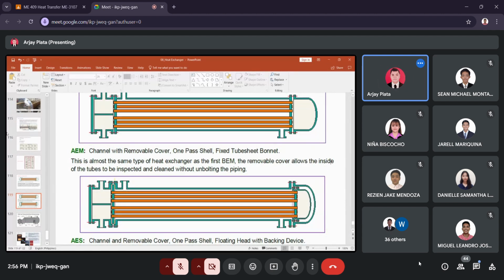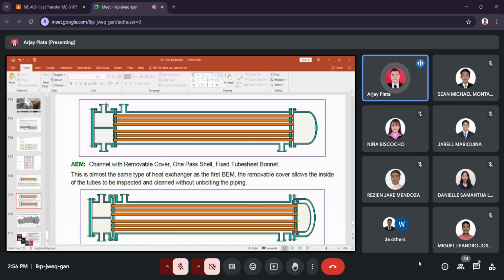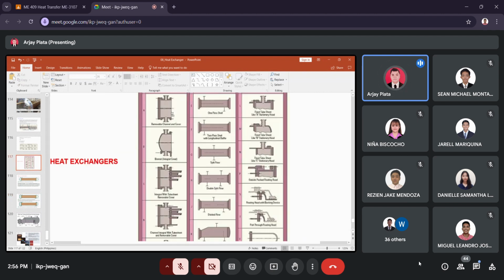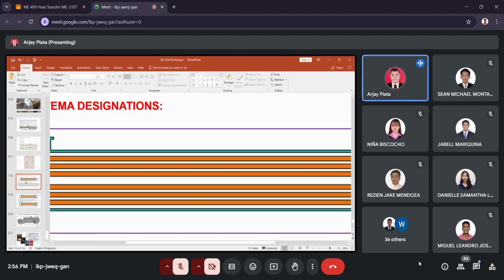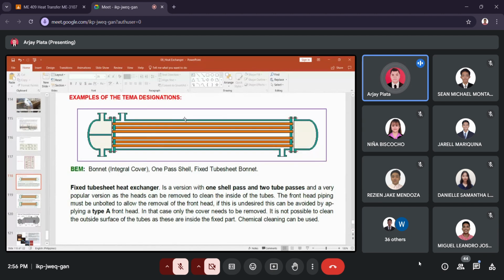Next example, we have AEM. So almost the same as the previous one. The only difference is the head. So we have here removable head A, so removable channel and cover. So this is A. And then E is the shell, one pass shell, and then M, bonnet.